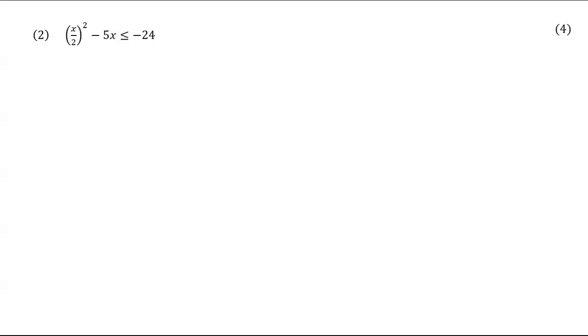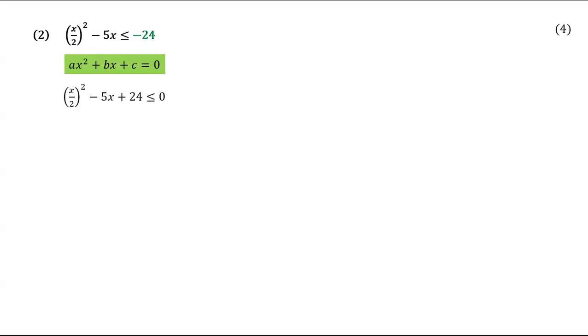But the steps are the same, so we still write it in standard form. To write it in standard form, obviously the variable here is on the left-hand side and it's positive. I will have to transpose negative 24 and move it to the left-hand side. And when you move it to the left-hand side, it will be positive 24.